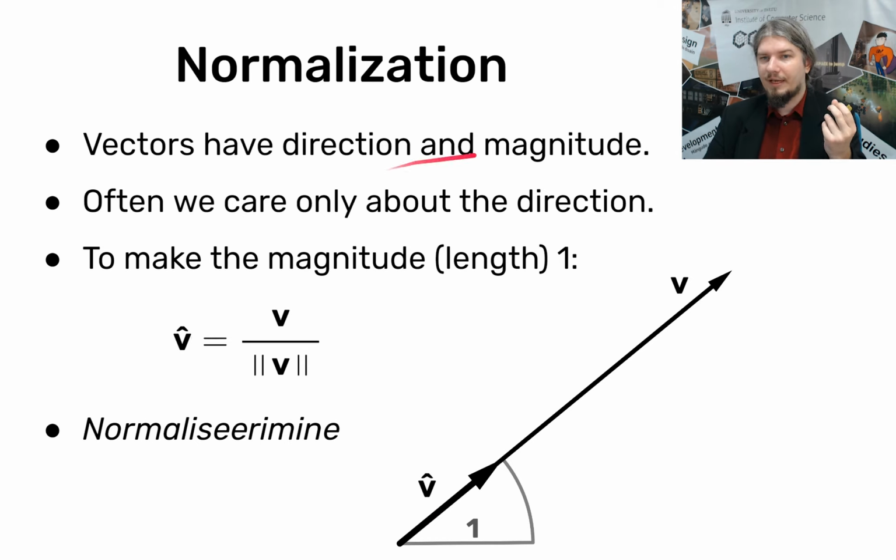Vectors have a direction and a magnitude, or we could call it length. And very often in computer graphics, we don't care about the magnitude, we just care about the direction. The math will become much simpler if we make the length of the vector 1. And to do that, we just divide the vector by its length. In Estonian, it's called normaliseerimine.